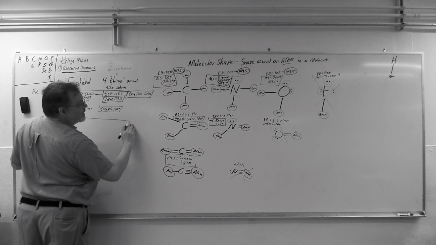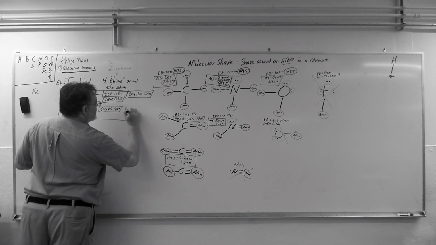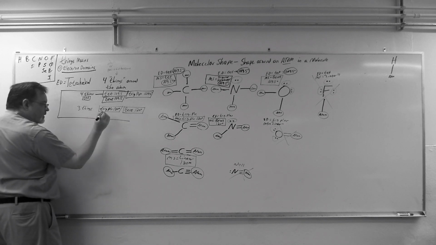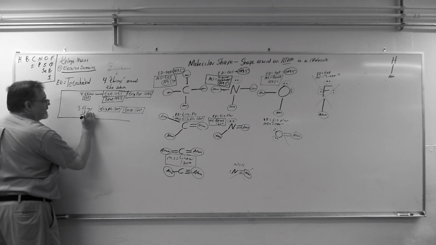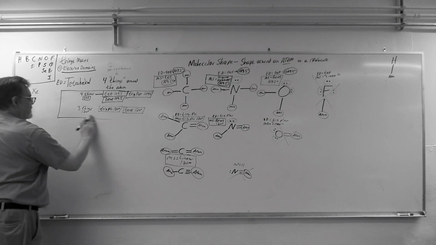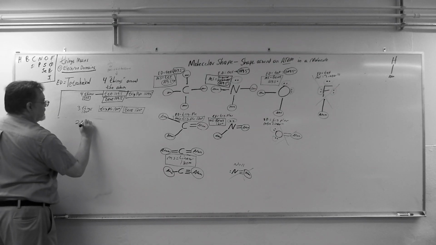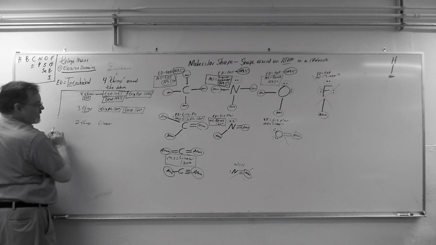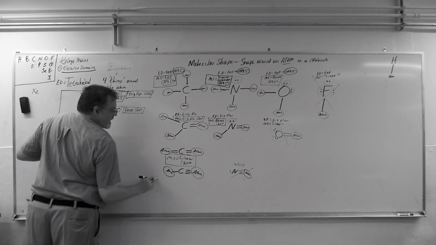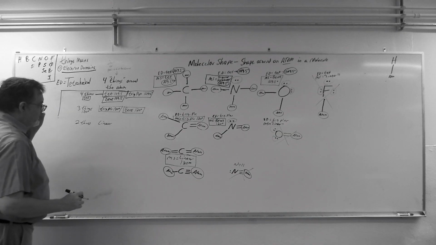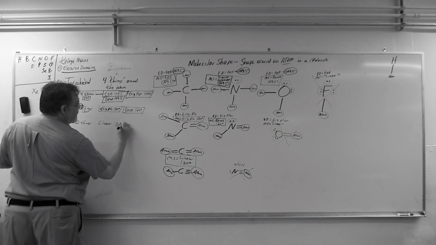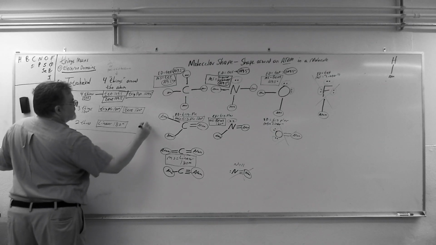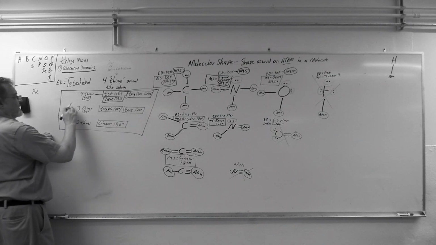Trigonal planar, bent, both 120 degrees, because when there's 3 things, it's 120 degrees. And then 2 things. Linear, 180 degrees. Okay. I wanted to leave those there because it's 2 things, 3 things, 4 things.